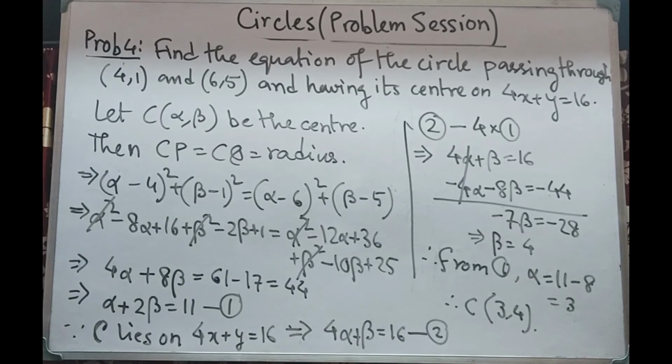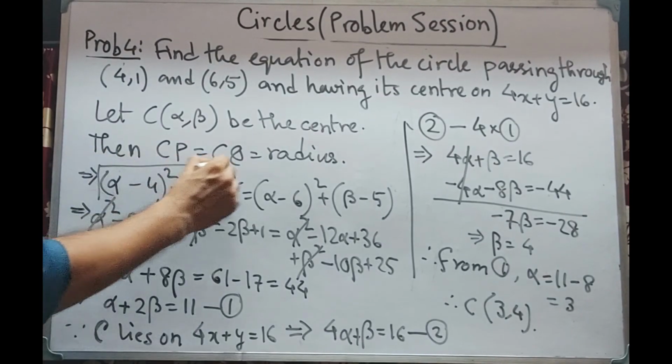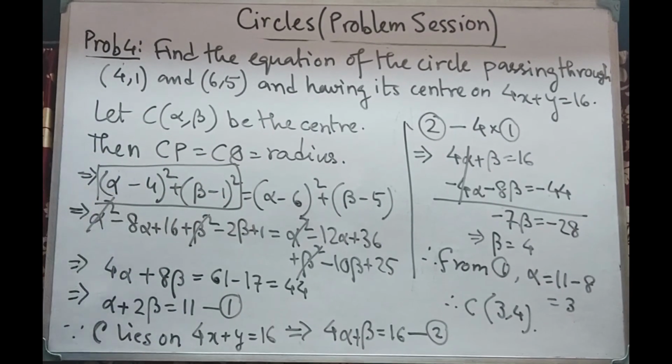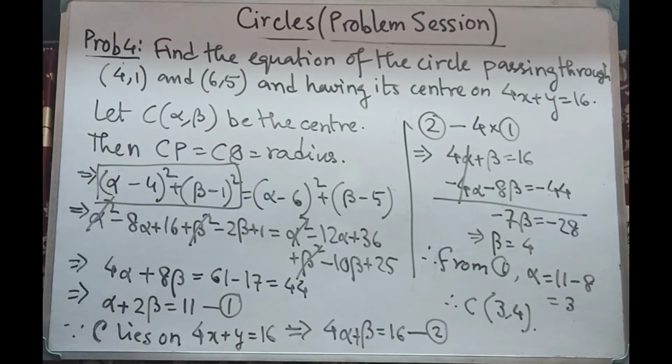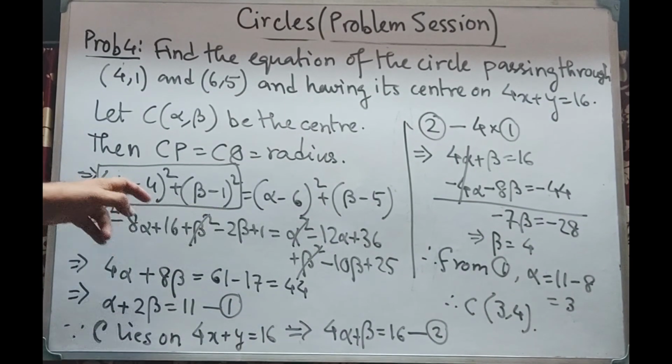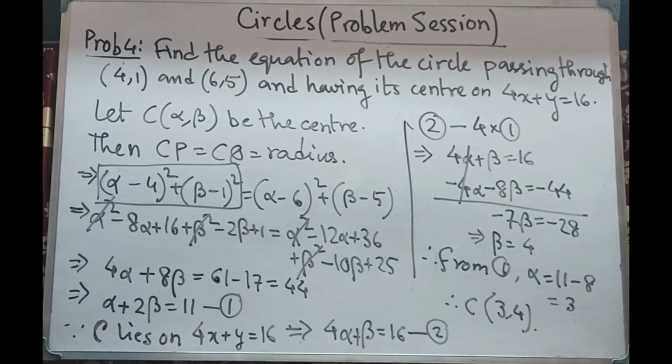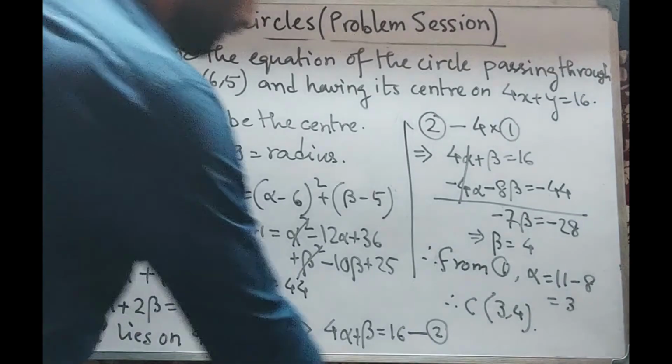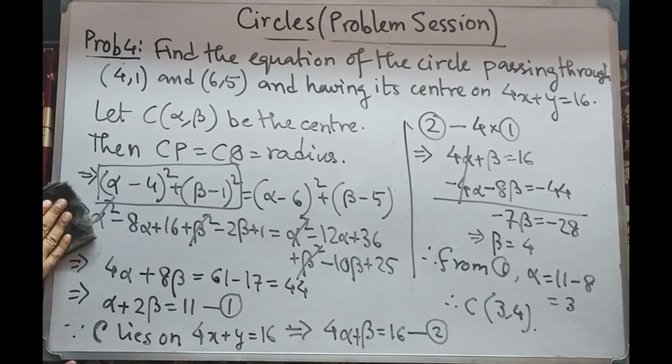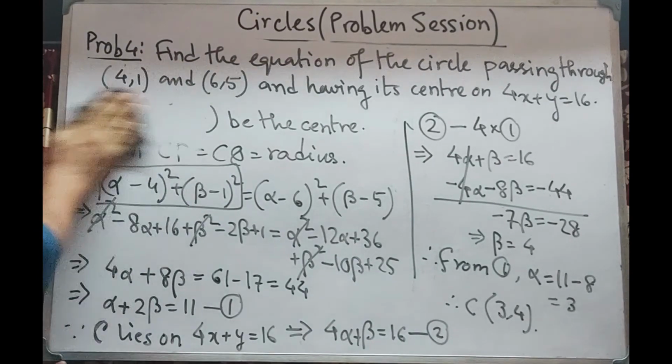Now you note this thing, that this formula stands for the square of the radius because it is CP square. So just put the value of alpha and beta here and you can find the radius.